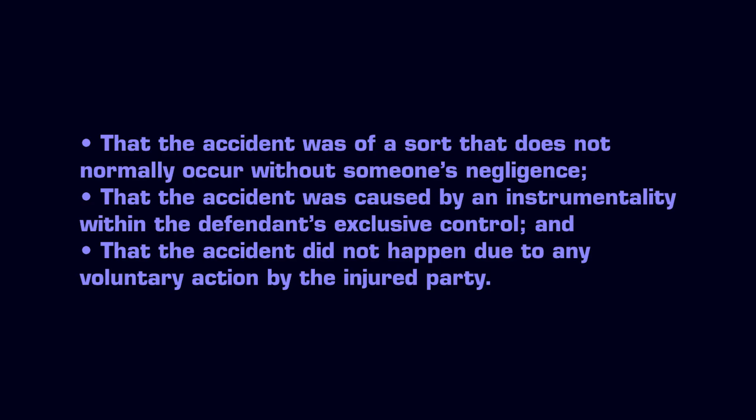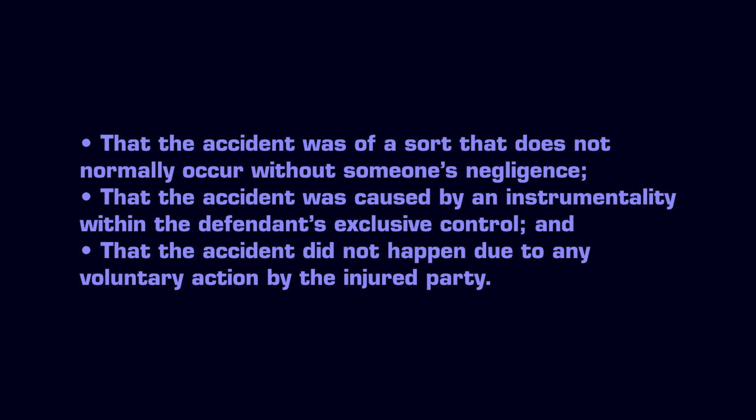Now let's come on to the elements of res ipsa loquitur. To prove a res ipsa loquitur claim, an injured party must show three elements. Number one, that the accident was of a sort that does not normally occur without someone's negligence.